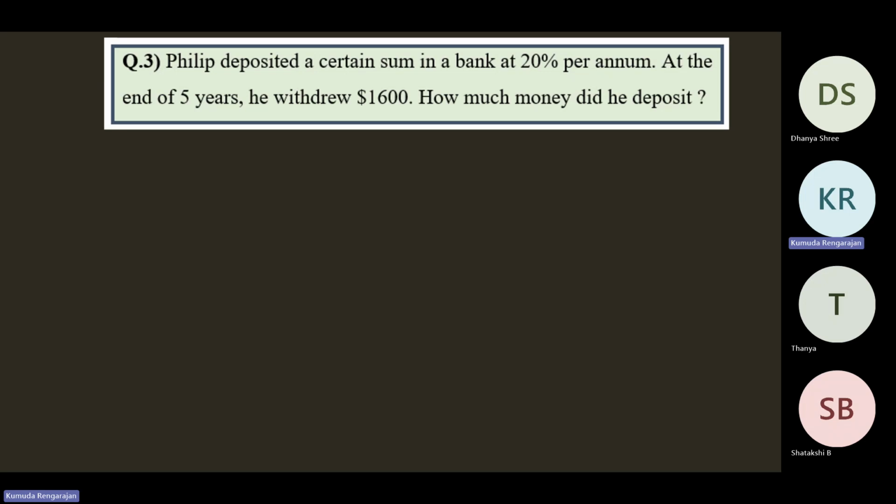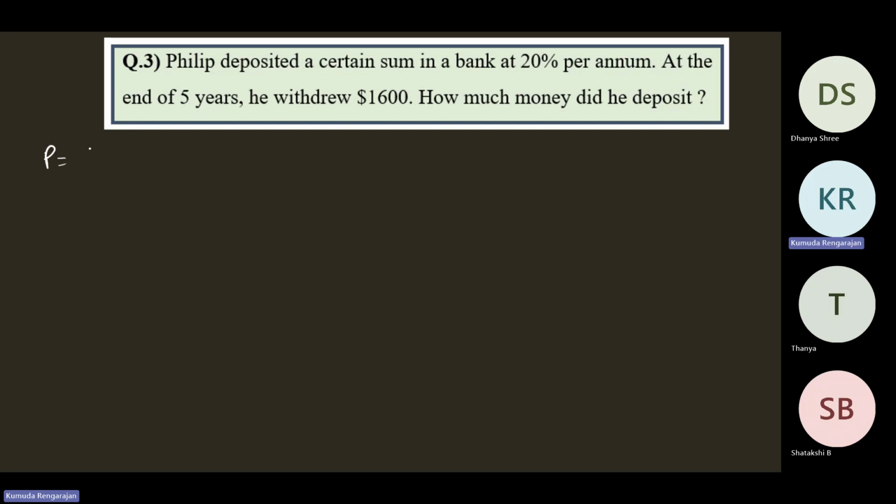We don't know the principal money he deposited. But the bank gives him an interest of 20% per annum. That's given to us. And he visits the bank at the end of 5 years. So time T is equal to 5. And he withdrew $1,600. That's the total money he gets out of the bank. So that's the amount. The question is, how much money did he deposit? Meaning you'll have to find the principal.